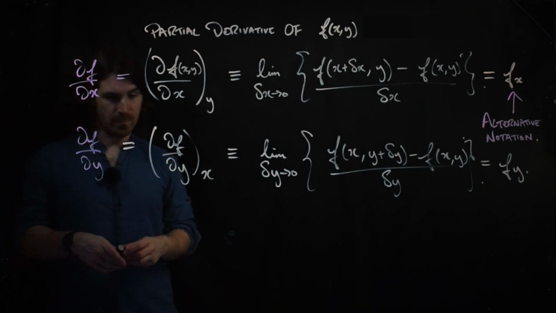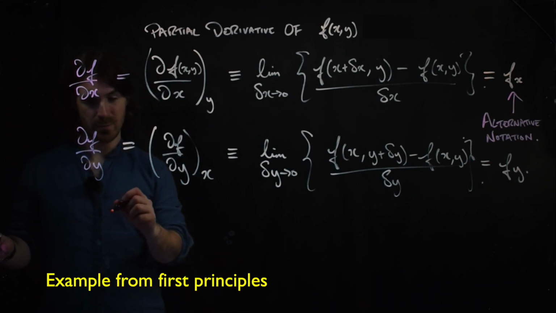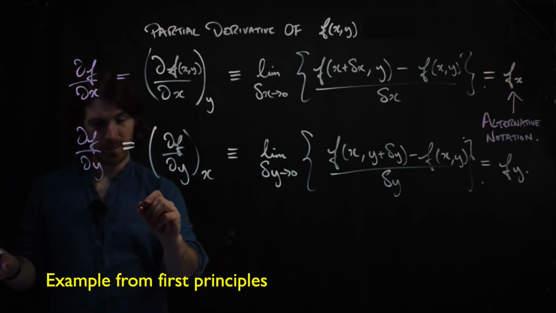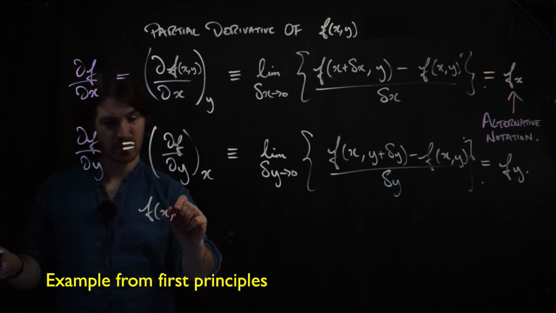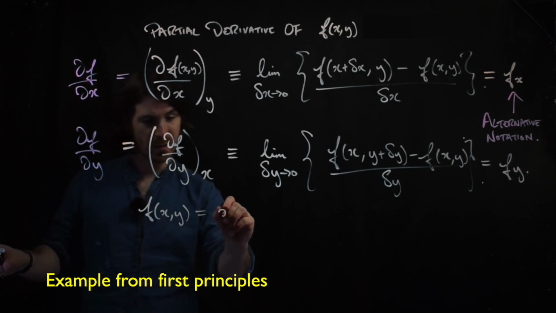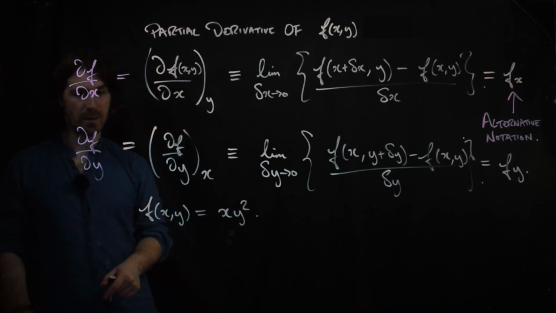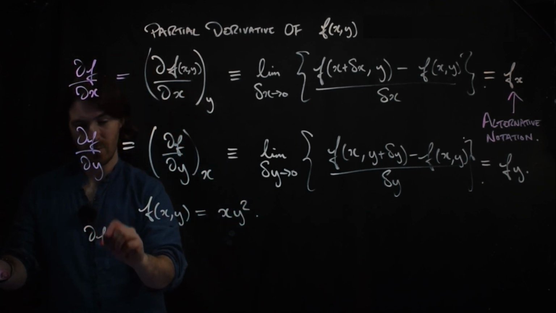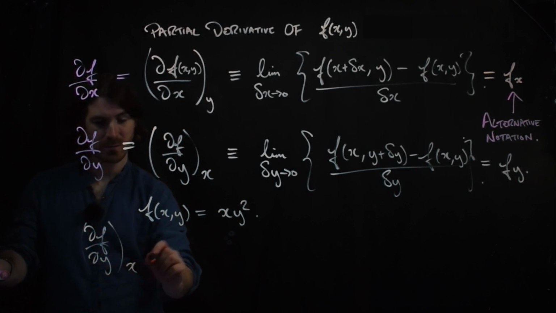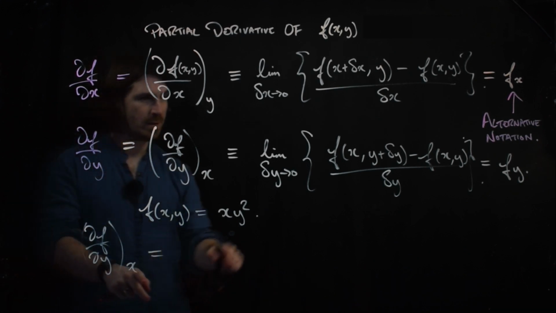So we can think about an explicit example. Let's think about f of x, y equals x y squared, and let's think about what df by dy is. We hold x constant. Let's put it in here.